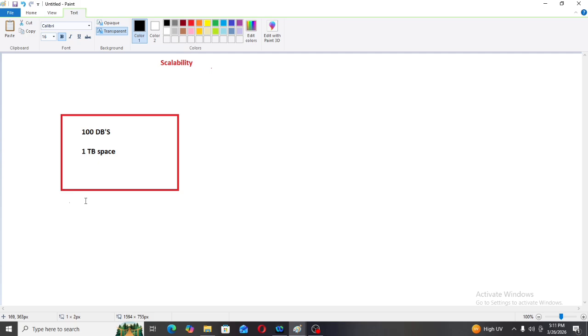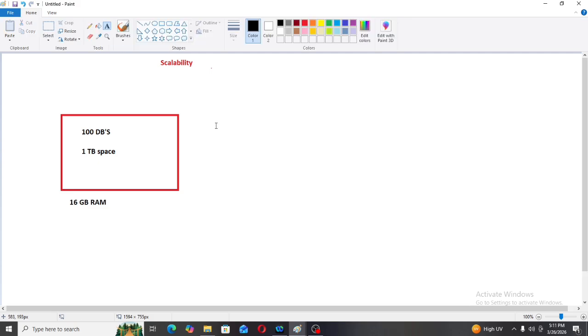Now, in elasticity, we increase the number of servers, but in scalability, if you increase the servers, already this one server is a huge machine. Increasing this server physically is impossible because it is already huge in space and there are 100 databases in this one server only. That's why in scalability, we increase the capacity of the server.